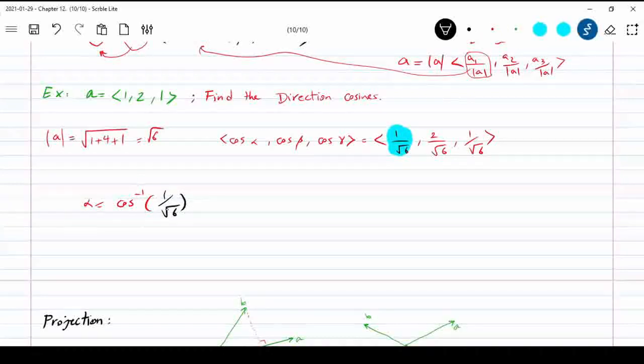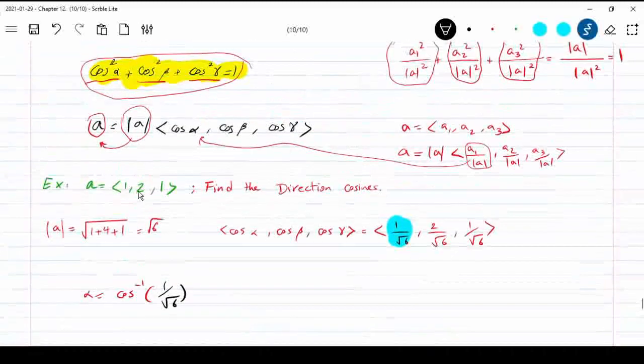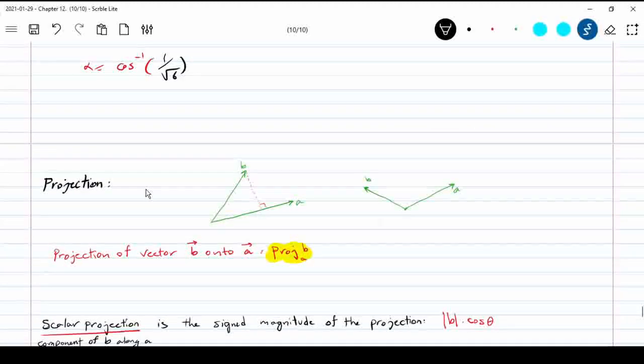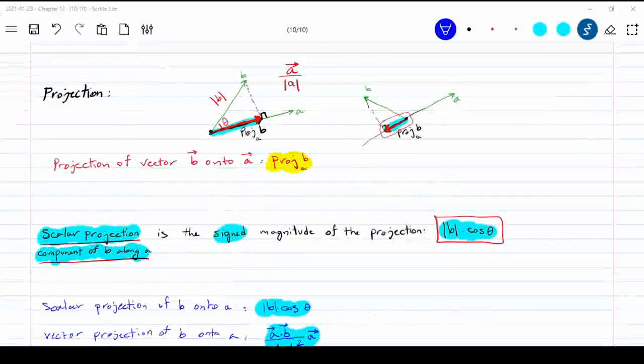Again, you can use a calculator to figure out this value. Okay, not super complicated, but you have to be a bit careful not to make any mistakes. Now let's look at the projection.